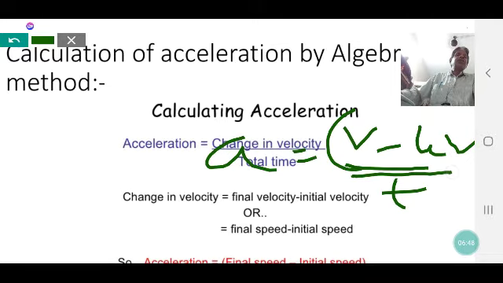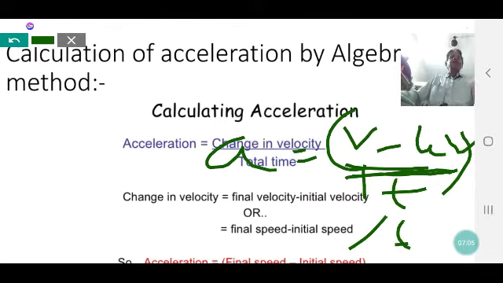The rate of change of velocity is known as acceleration. So the final velocity minus the initial velocity, divided by time, gives the value of acceleration by the algebraic method.